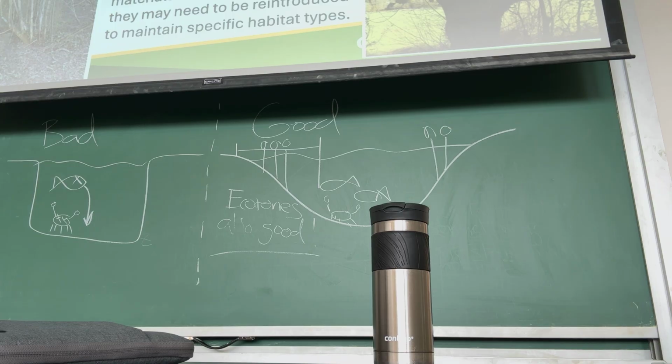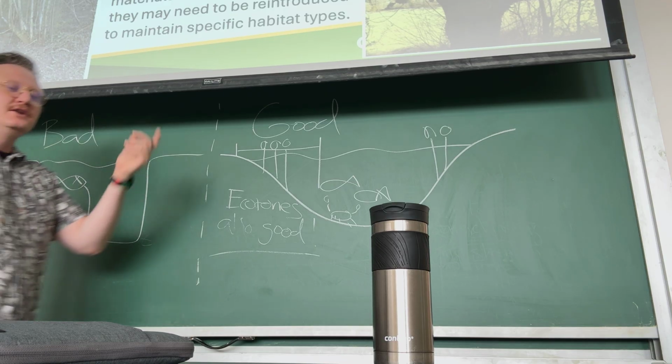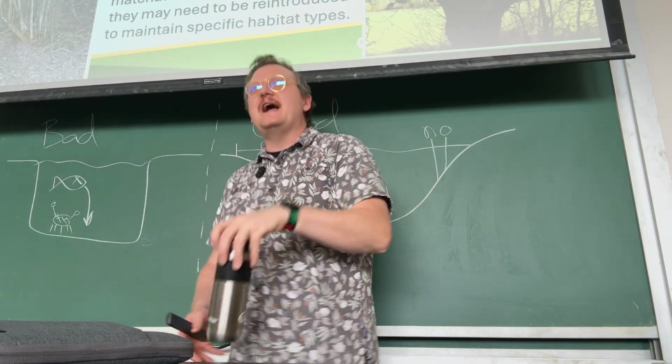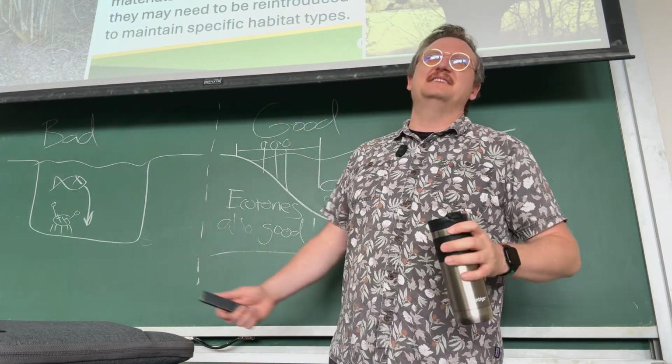So you reintroduce these management practices, even if you don't need the charcoal anymore. These are UK examples, once again. Even if you don't need the charcoal anymore, you still carry out the practice because you recognize that it makes habitat.